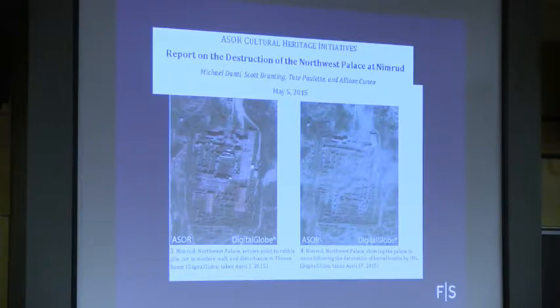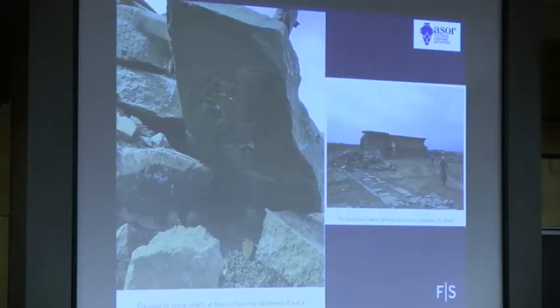So beforehand, these are satellite images that show the destruction. So beforehand, this is the palace. And afterwards, you can see that a lot of it is just gone. Now, luckily, a lot of pieces of it were remaining.